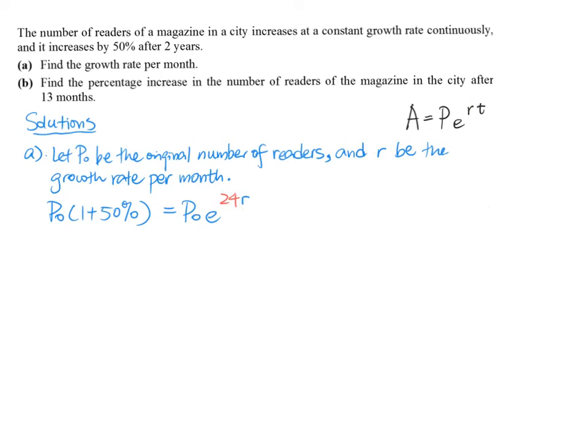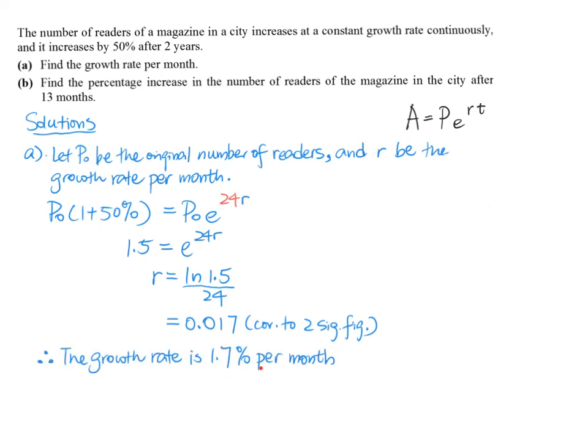But note that our unit period is a month, not a year. And so this duration, the T, would not be 2, but will be 24 instead. Then the P0 will cancel out, and then we apply ln on both sides. And so R equals 1.7% per month.